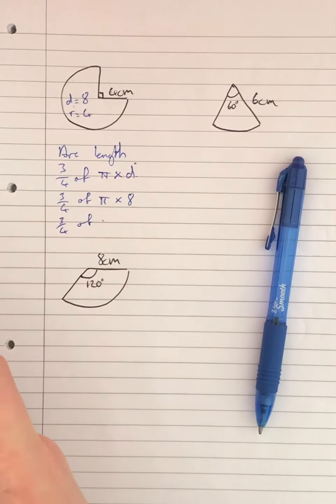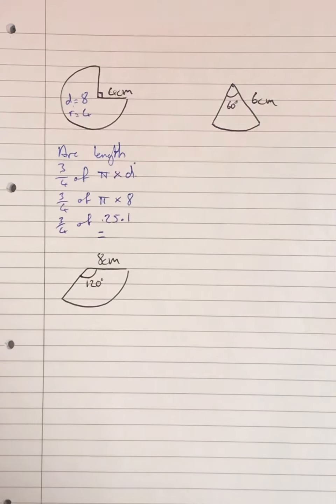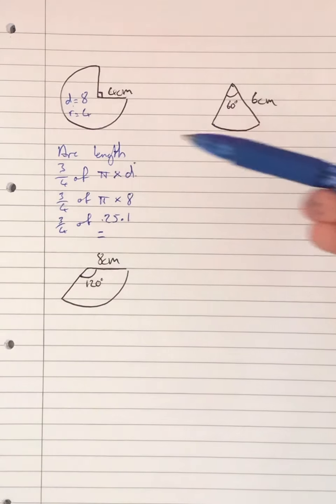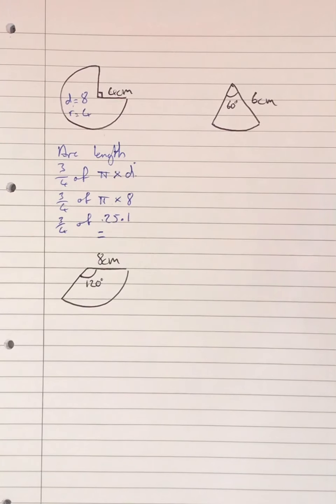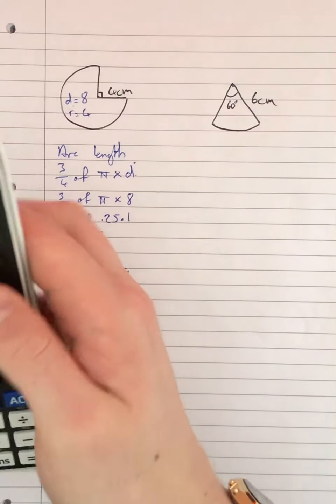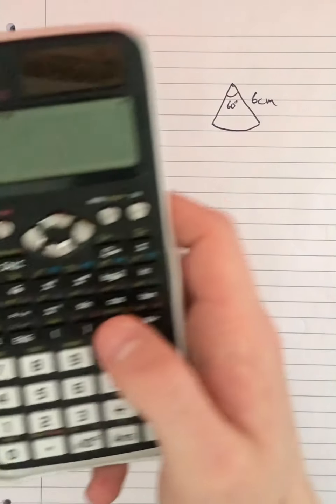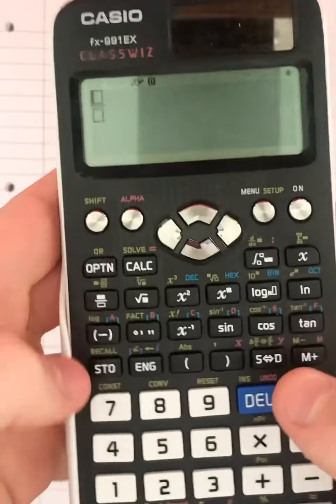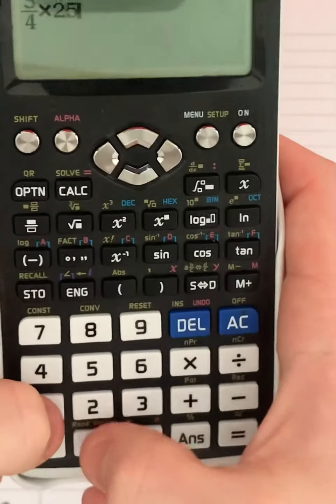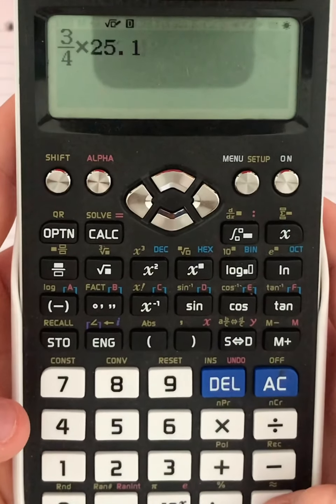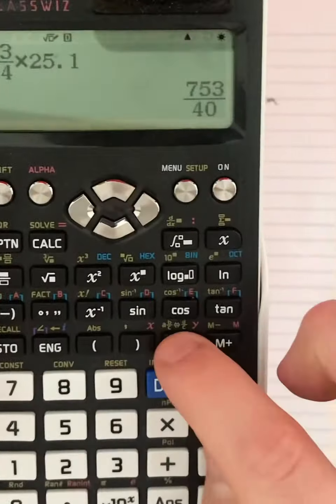If we go to one decimal place, 25.1, we want 3/4 of that. So if I want to work out 3/4 of 25.1, there's two ways I can do it. I can either put the fraction button into my calculator, and then say 3/4 and then multiply by 25.1, like this, and then press the SD button and we're going to get 18.8.